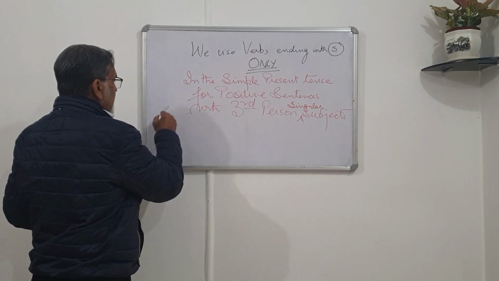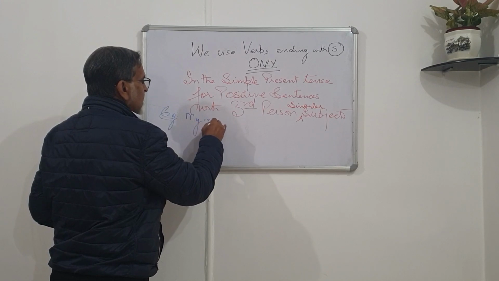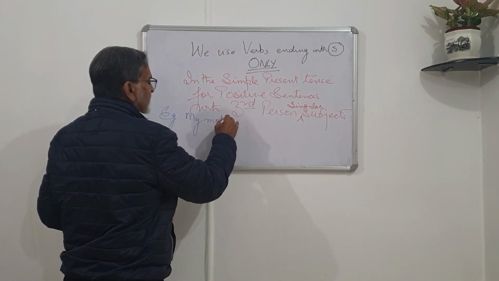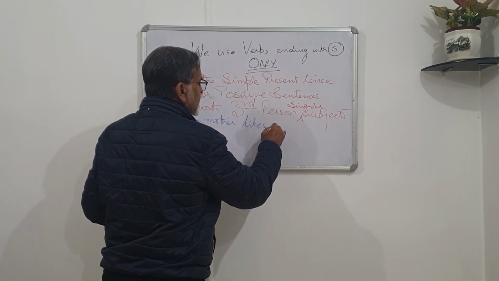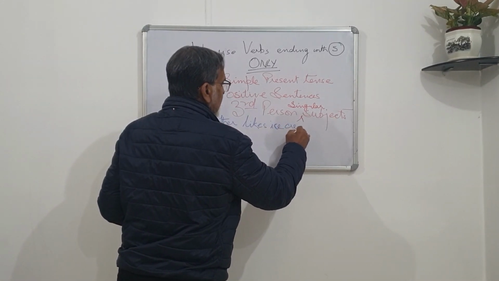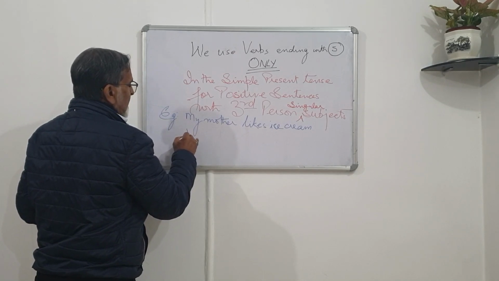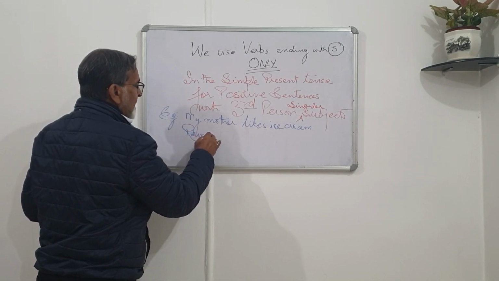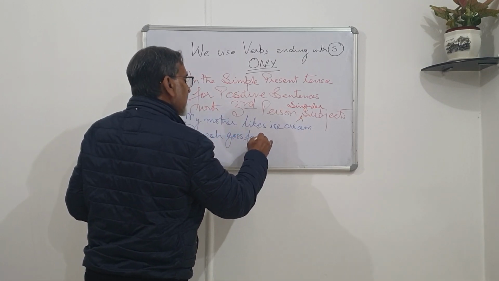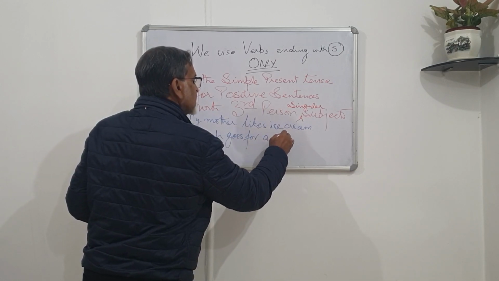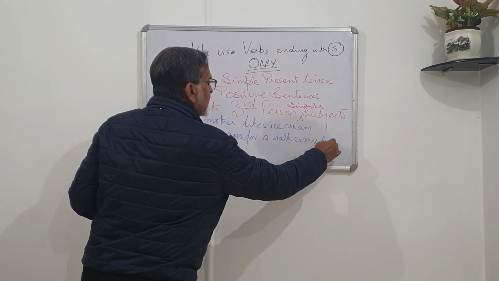Now I'll give you examples. These are examples. My mother likes ice cream. Ramesh goes for a walk every day.